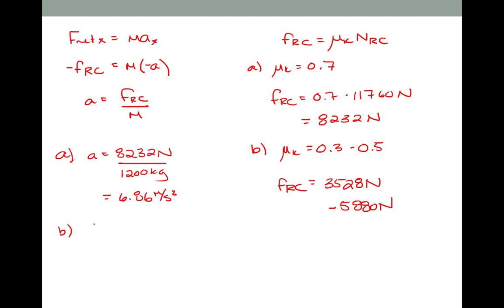For part B, again, it is bounded, but using my upper and lower range for the friction, I get the acceleration is somewhere between 2.94 meters per second squared to 4.9 meters per second squared. Not a huge surprise that the acceleration of the car is much smaller when the pavement is wet.